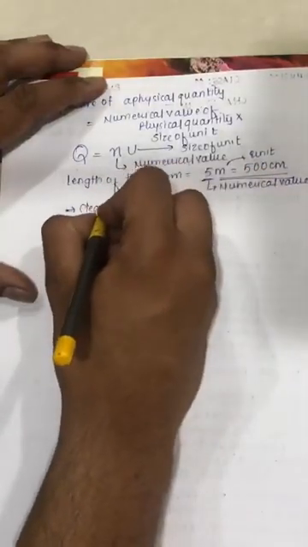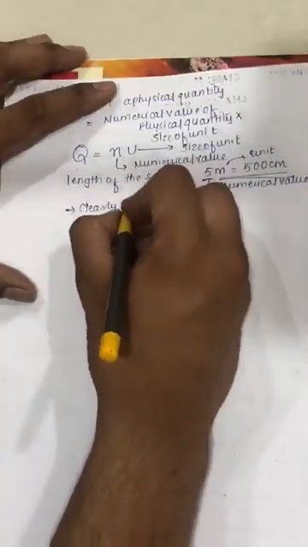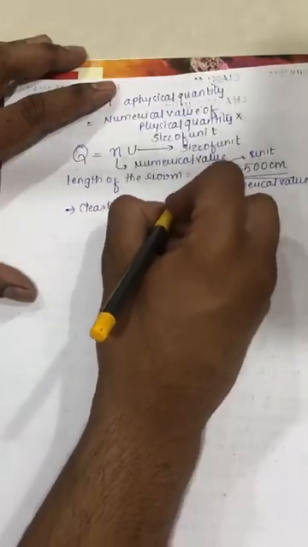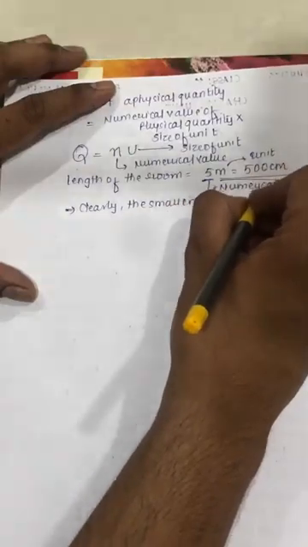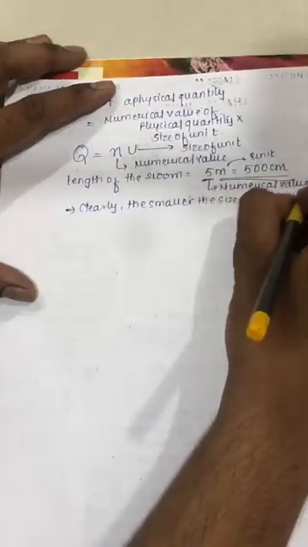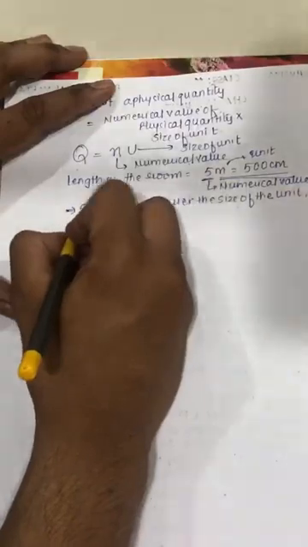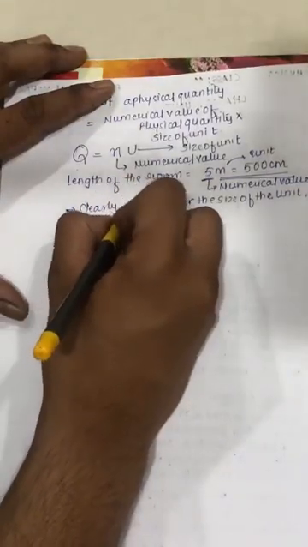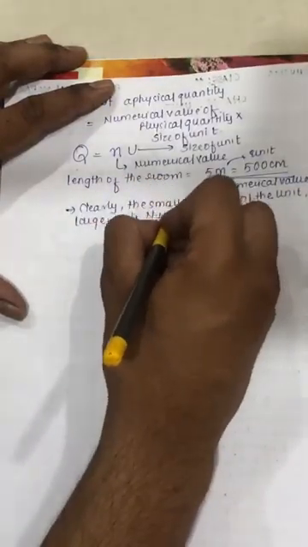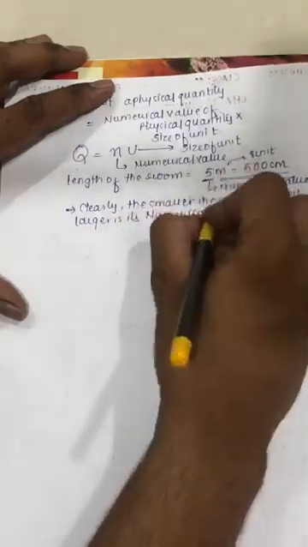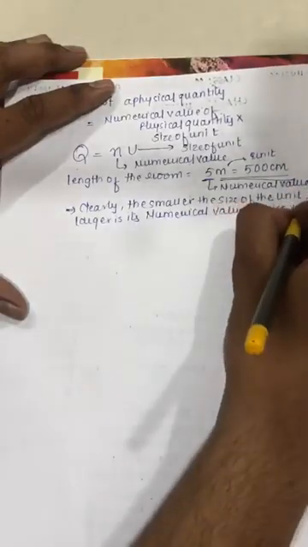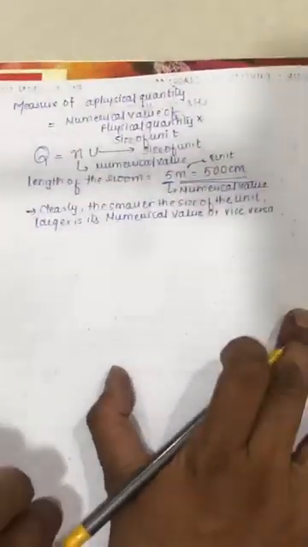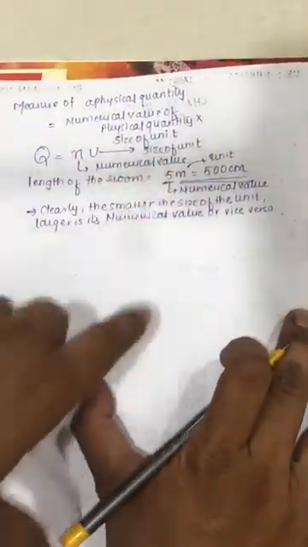Clearly I can say that the smaller the size of the unit, the larger is its numerical value, or vice versa. Hope it is clear. Smaller the unit, larger is the numerical value. Larger the unit, smaller is the numerical value.